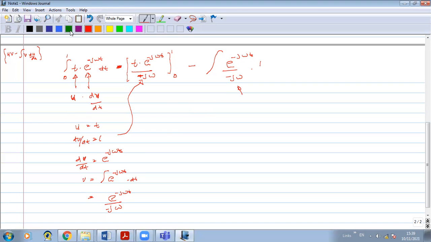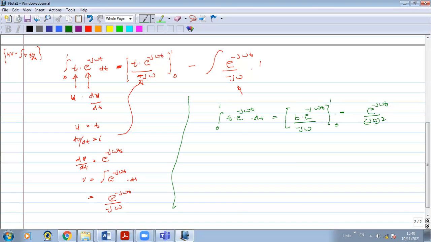So the integral from 0 to 1 of t e to the power minus j omega t dt gives t e to the power minus j omega t over minus j omega, from 0 to 1, minus, if I integrate this, e to the power minus j omega t itself over minus j omega times minus j omega, that means j omega square.